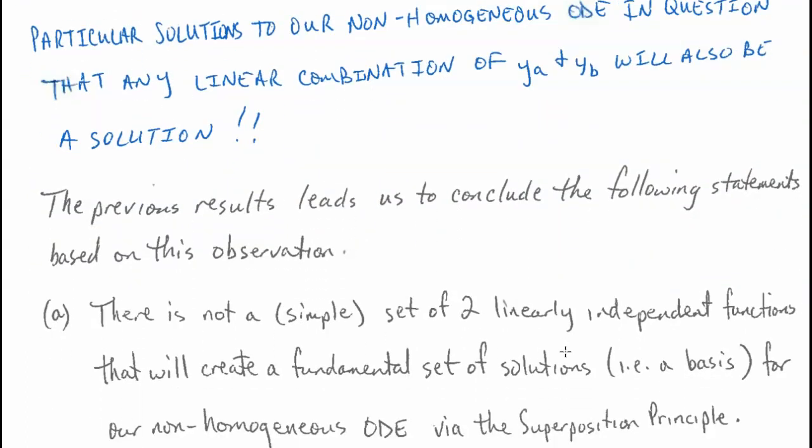So now that we know that the superposition principle as we know it for second order linear homogeneous equations does not work for this non-homogeneous case, we need to make a couple of observations, and then from that try to figure out what would work.